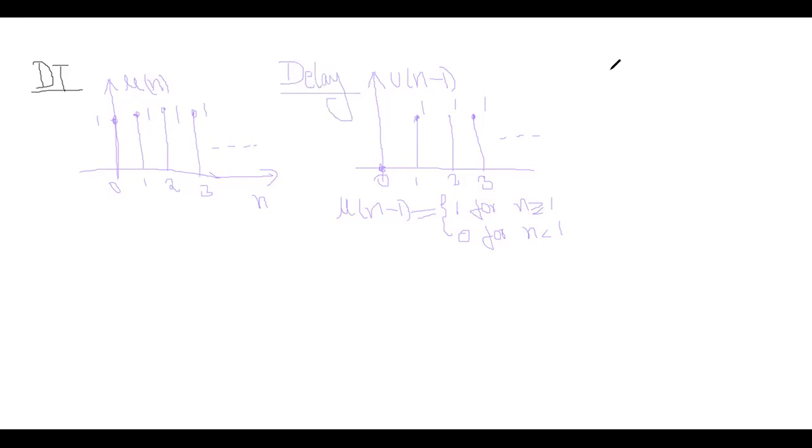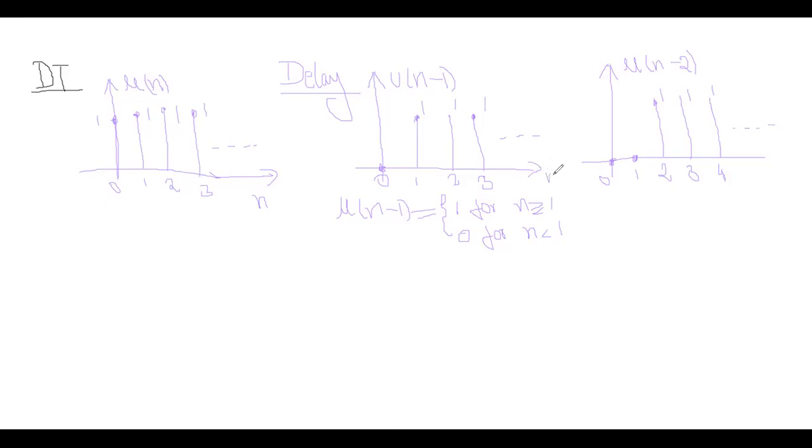Now coming to the two samples delay, mu of n minus 2. Mu of n minus 2 means shifting of two samples to the right side. The 0 is a 0, 1 is a 0, and it starts from 2. The magnitude at 2 is 1, at 3 also the magnitude is 1, and at 4 also the magnitude is 1, and so on.